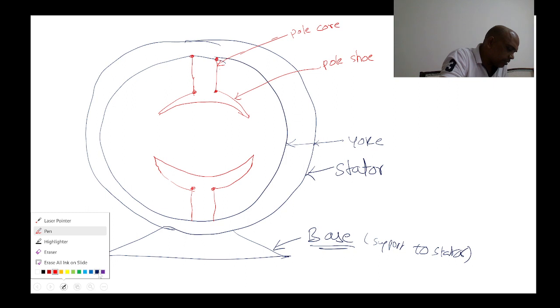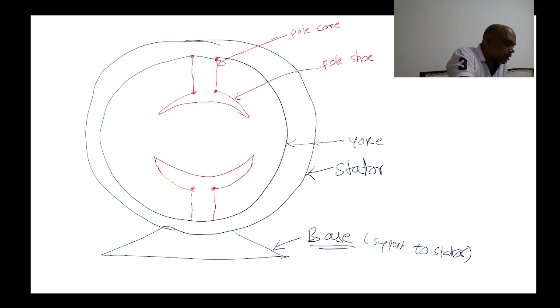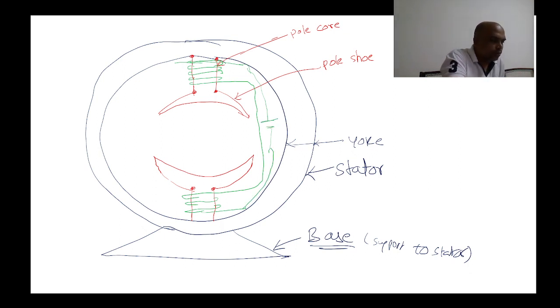See here, the field winding is placed on the pole core.